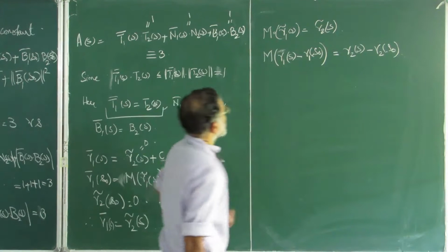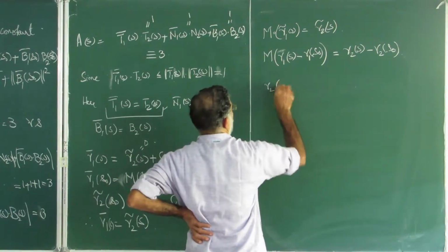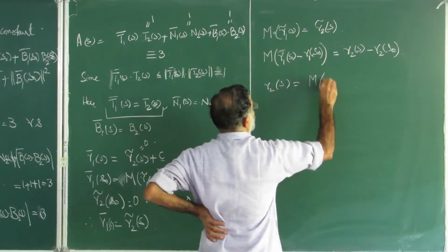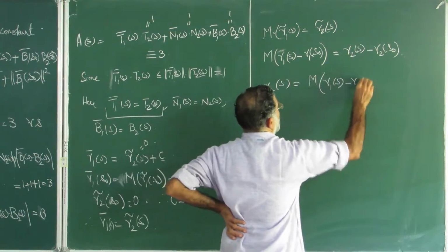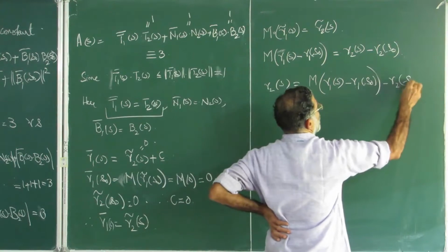Now you can easily write what will happen. So gamma 2 S is equal to M of gamma 1 S minus gamma 1 S naught, plus gamma 2 S naught.